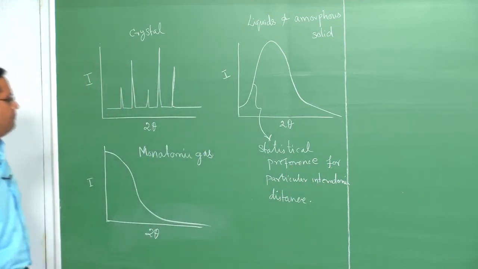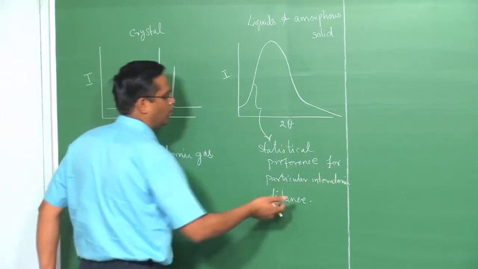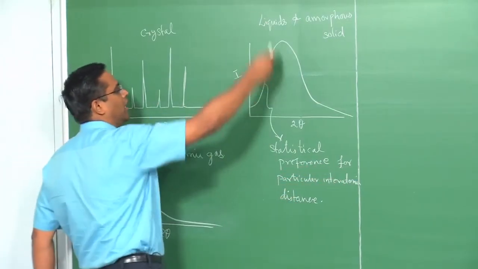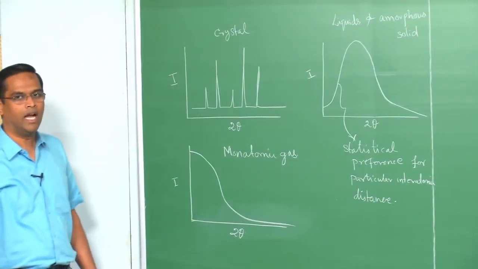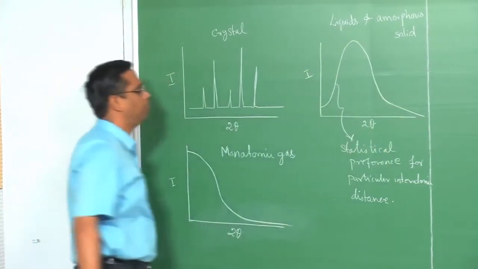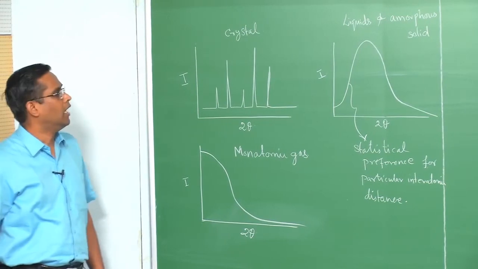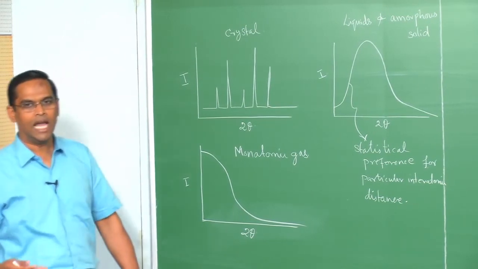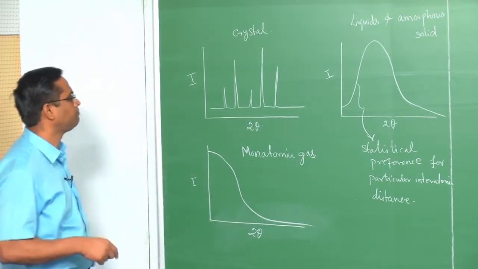So, it is only a statistical preference of a particular interatomic distance which will give a preferential angle peak, and then eventually you see only a broad peak, which is true for an amorphous solid and liquids, which really lack the crystal orderliness.